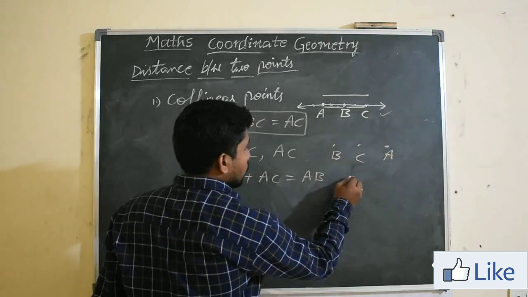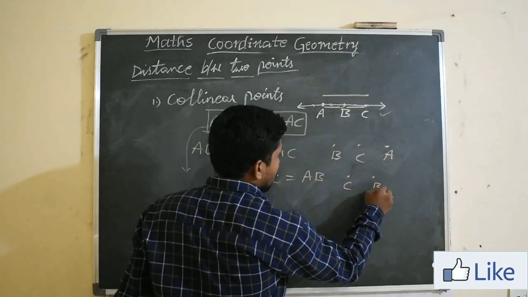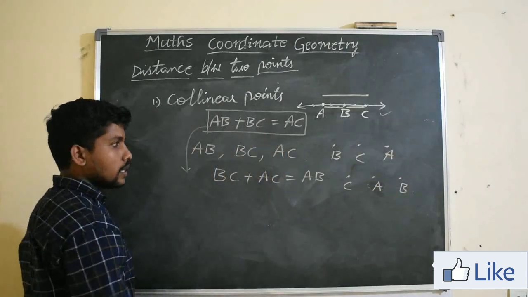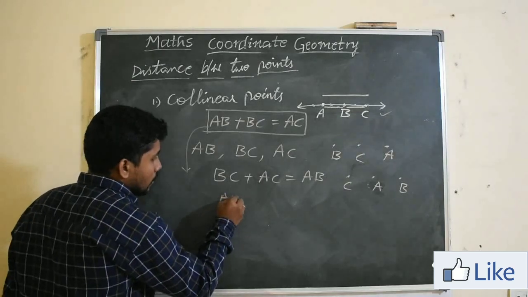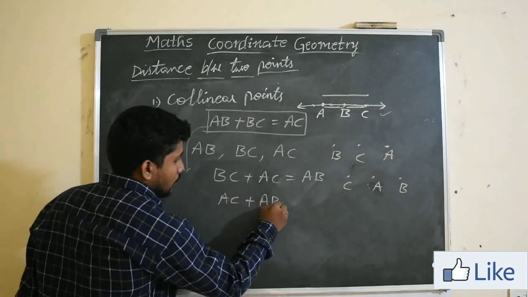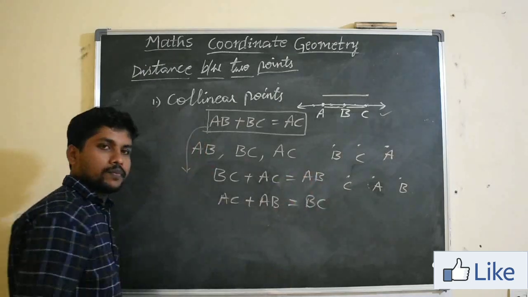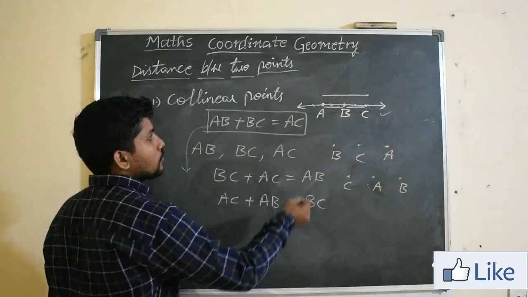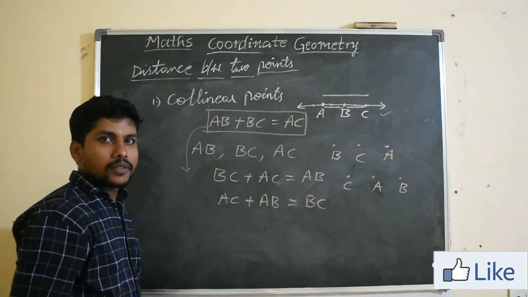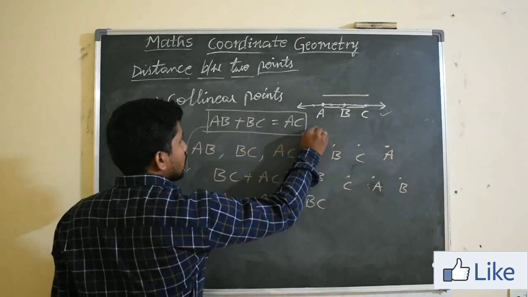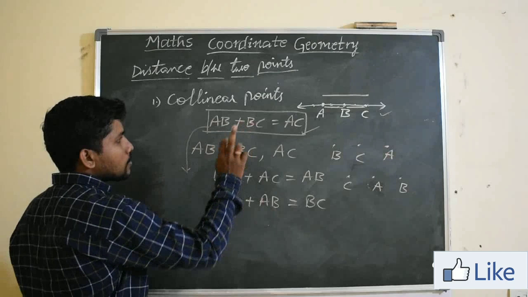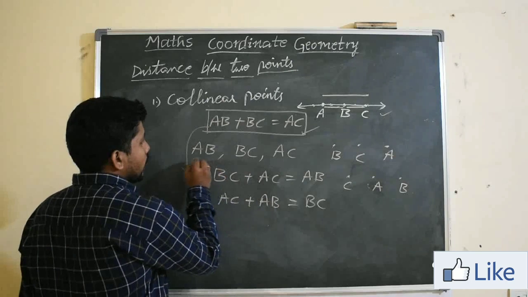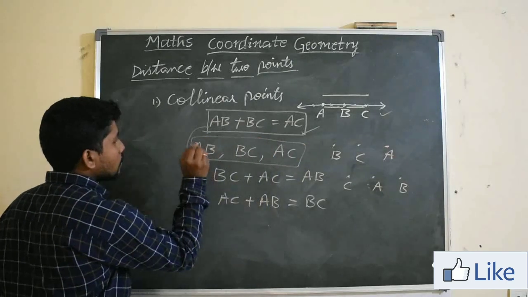In the same way, if the points are in the order C, A, B, then AC plus AB will result in BC. If we cannot say in which order the points are, unless an order is given, we find the distances between the points.